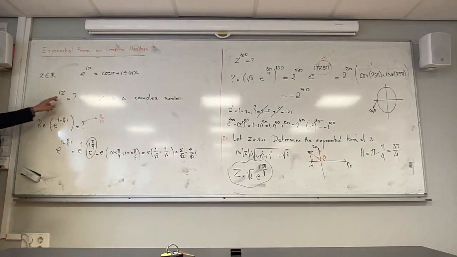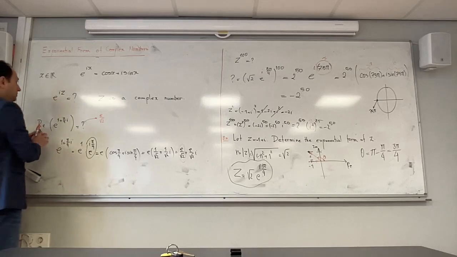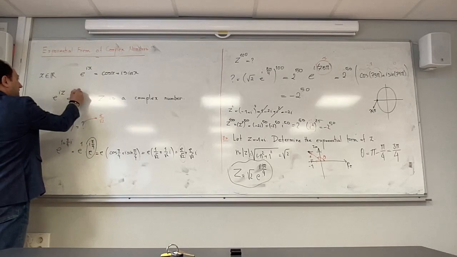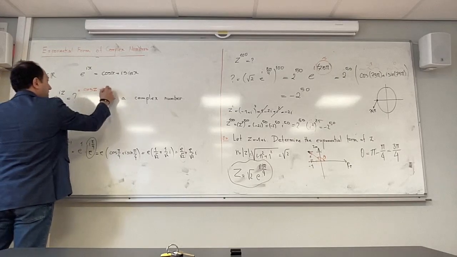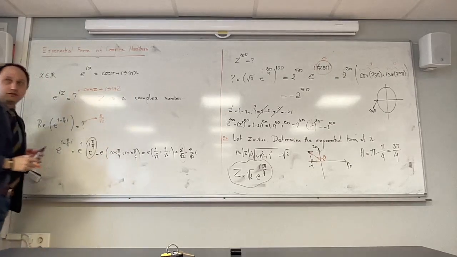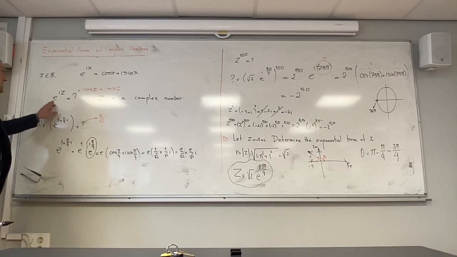Okay, so let me skip this one because this turns out to be interesting. This turns out to be that Euler's formula is also valid. So if you want to have a general knowledge, this becomes cosine z plus i sine z. But then what is the question? If I just write that, I say, okay, accept this is working.